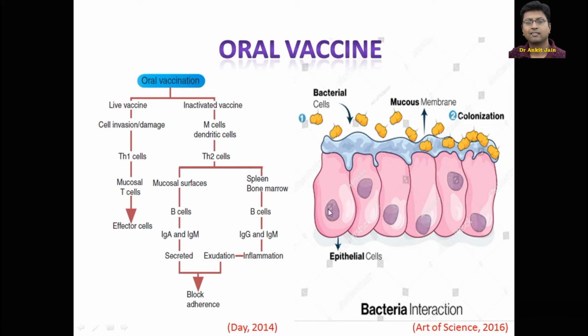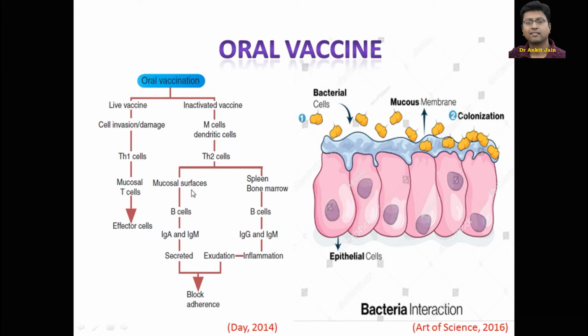First is the oral vaccine. When the vaccine is given orally, it should be preferred that the vaccine should be live in nature. Otherwise, when they are in the inactivated form, definitely our goal will not be fulfilled, because it will generally produce IgA type of antibodies, and these antibodies are secretory in nature, and they will just block the adherence of microbes.